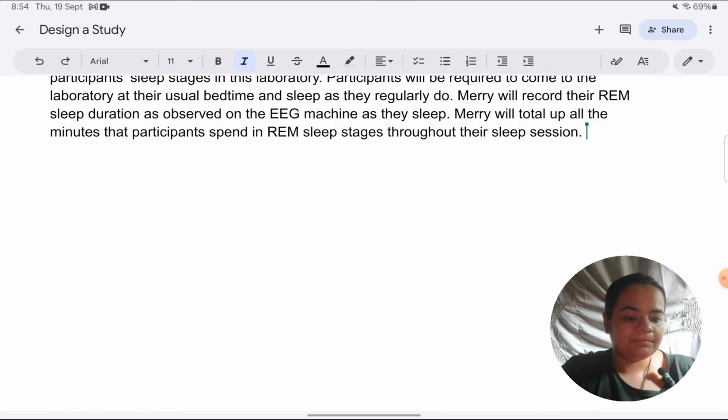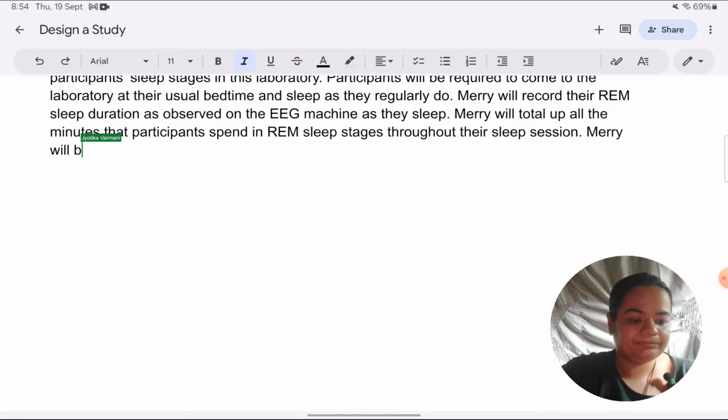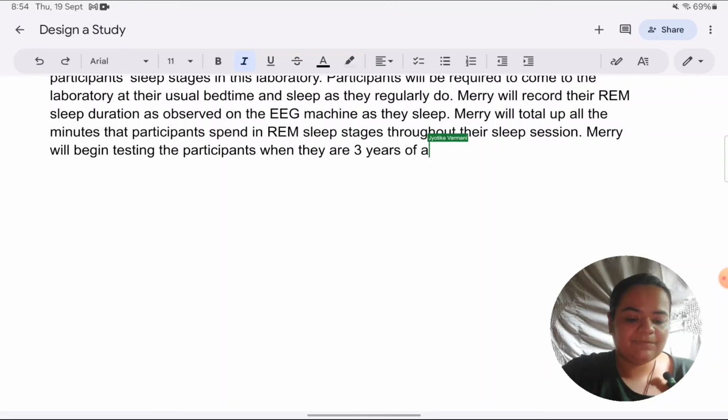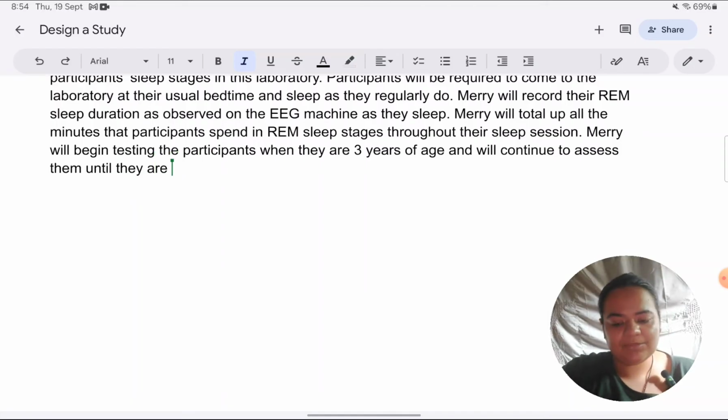in the plan. So here I'll say Mary will begin testing the participants when they are 3 years of age, and she will continue to assess them until they are, let's say, 75 years of age.